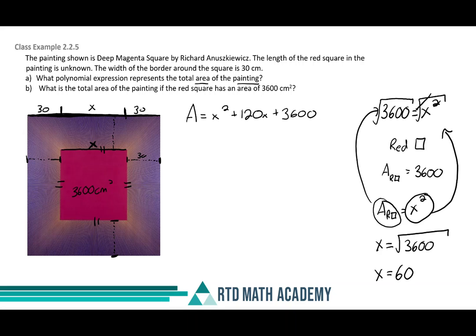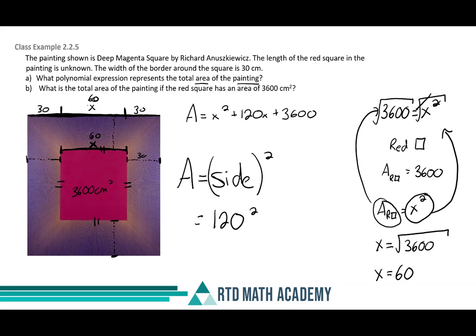So I can see that the actual side length of the red part of this painting is 60, which must mean that the actual side length of the entire painting is going to equal 60 plus 30 plus 30, which is equal to 120. So the area of our large square, which would be our side squared, is now going to equal 120 squared.